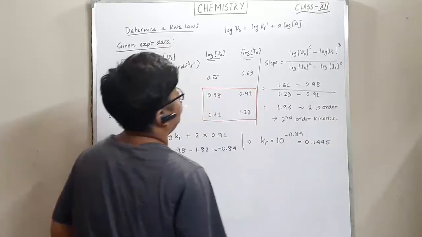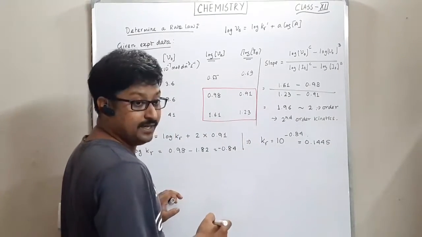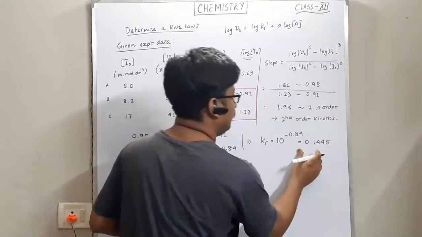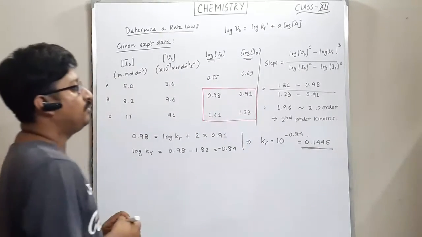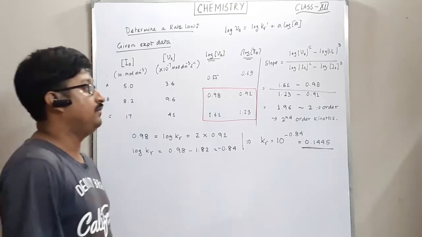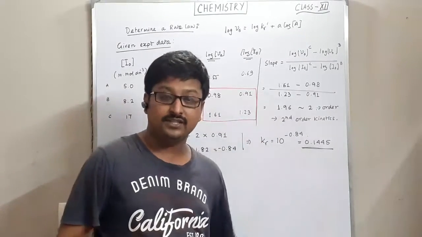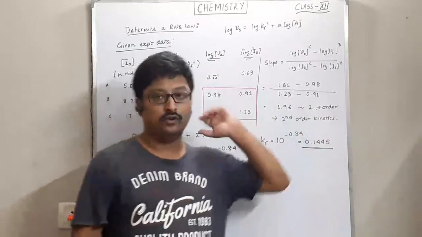The unit of the rate constant is decimeter cube. Okay, fine. So the rate constant you got is 0.1445. This way you can calculate the rate of the reaction and the order of the reaction, and you can establish the rate law also.